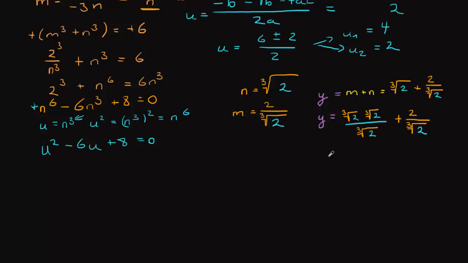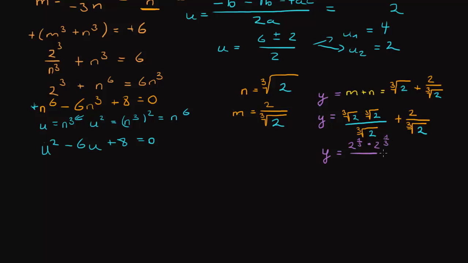So let's see if we can simplify this a bit further. So what do we get here? We have the third square root of 2 times the third square root of 2, so that would be the equivalent of 2 to the 1/3 power times 2 to the 1/3 power.